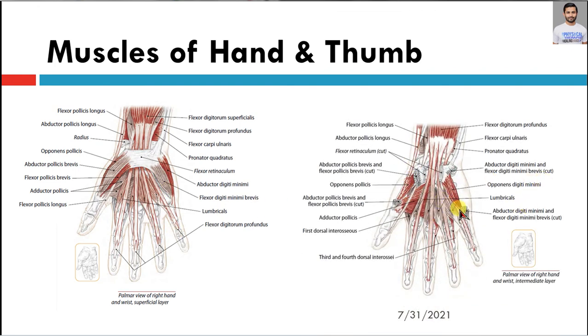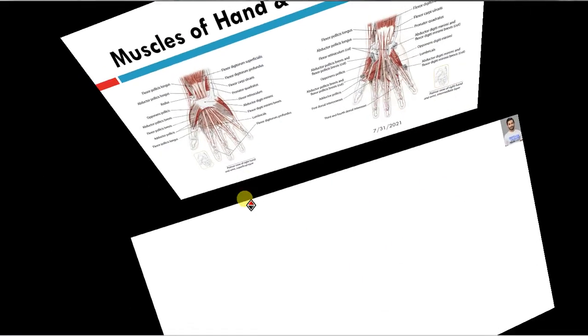This is again palmar view, and you can see the lumbricals and the opponens digiti minimi. Collectively, these muscles are making the bulk of the hand, and it is not advisable to try to palpate these individual muscles because these are very small and fine muscles.